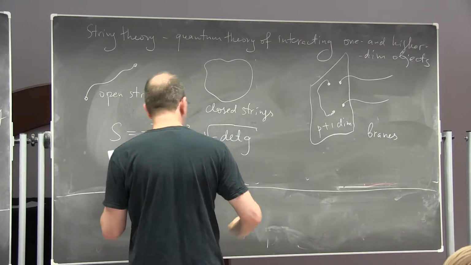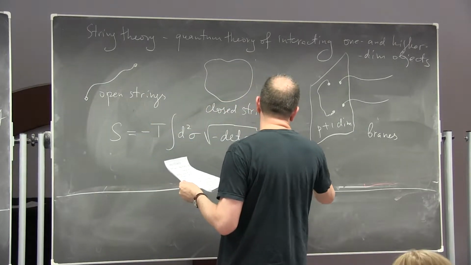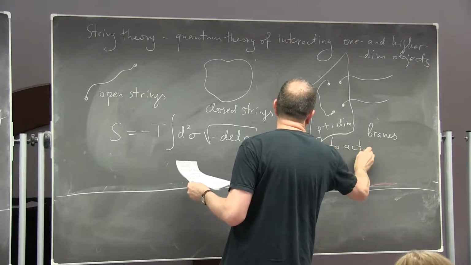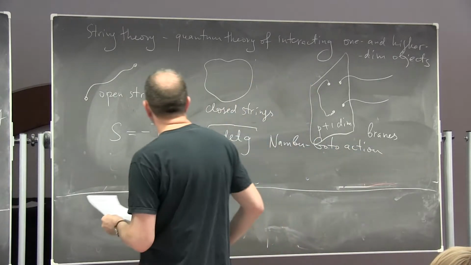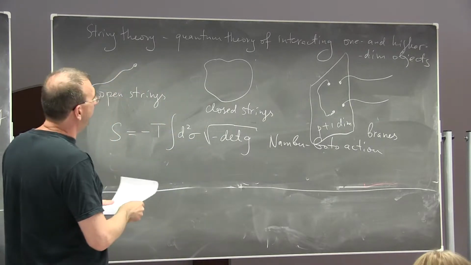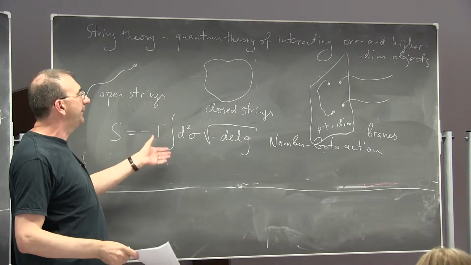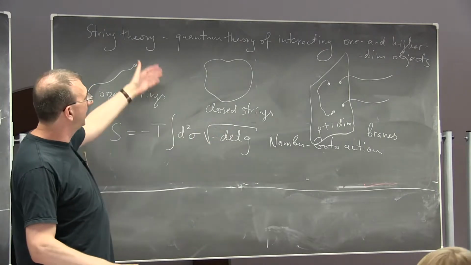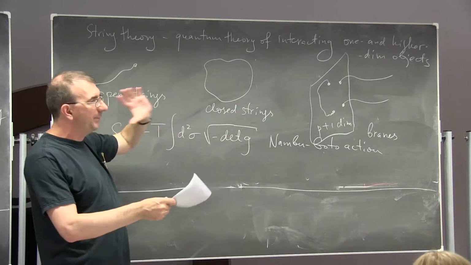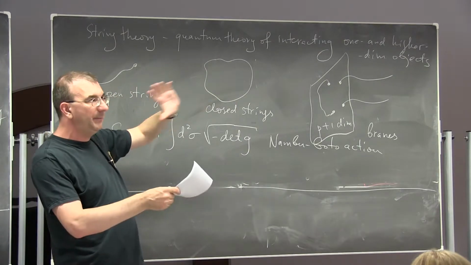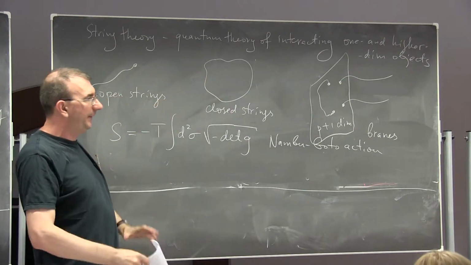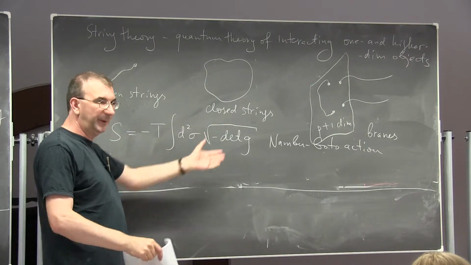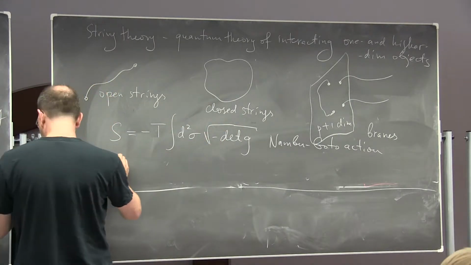So you need to write down something which is invariant under all possible symmetries of your space-time. And if you have a closed string propagating in a space-time, then it sweeps some surface, and what is written here is just the area of this surface. There's nothing else.